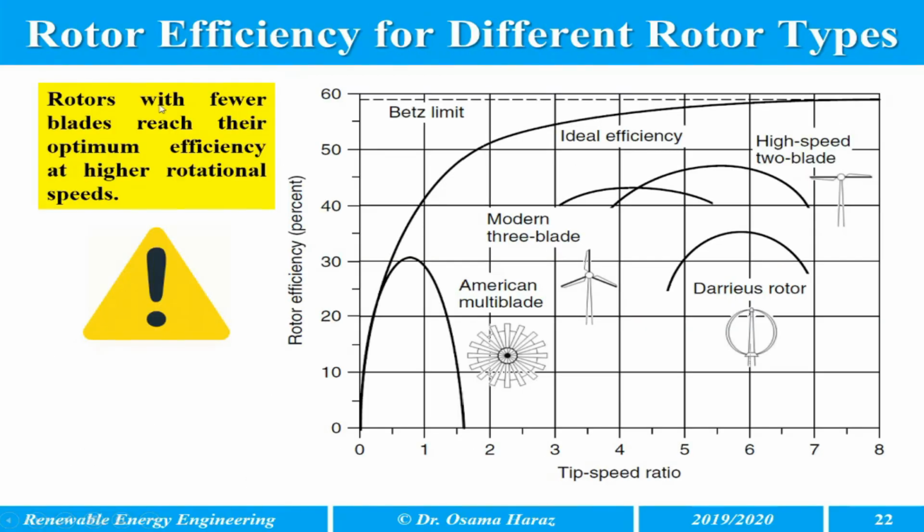This graph shows the rotor efficiency for different rotor types. This is the rotor efficiency in percentage, and this is the tip speed ratio, TSR, for different types of turbines, like American multi-blade, modern three-blade, Darrieus rotor, high-speed two-blade, and so on. We can see that rotors with fewer blades reach their optimum efficiency at higher rotational speeds.